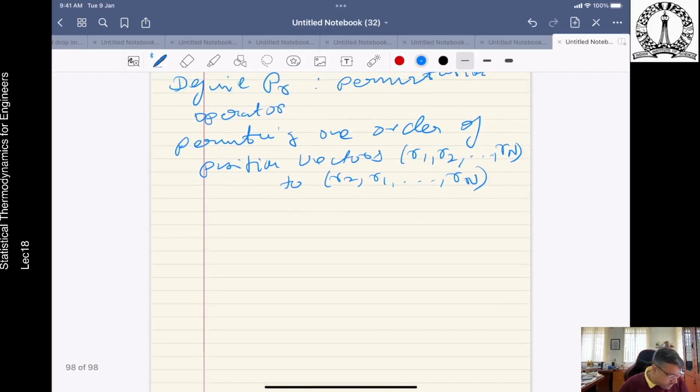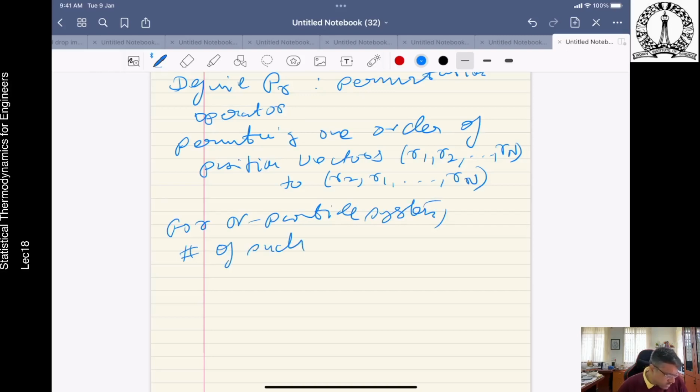For an n particle system, the number of such operators is n factorial.